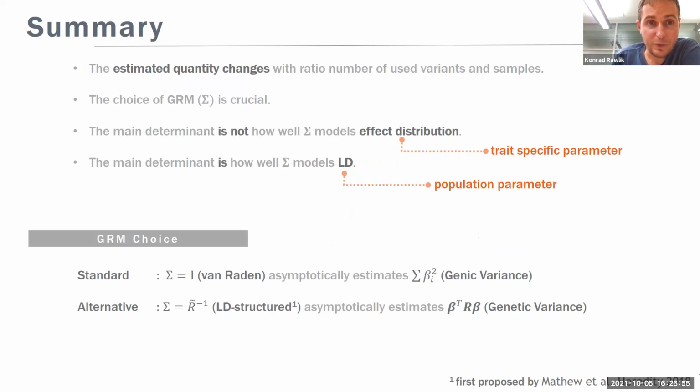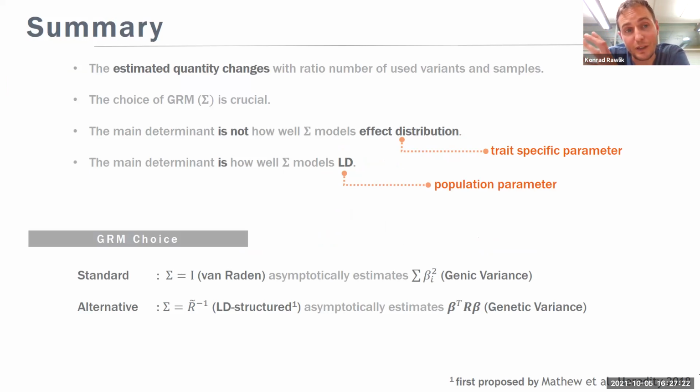So in summary, what we can conclude is that if we're interested in a property of a real population and we just fit a REML model to a sample from that population, the quantity that we're estimating in some sense changes with the ratio of the number of variants and the number of samples we have.